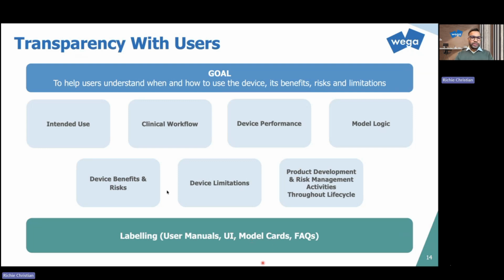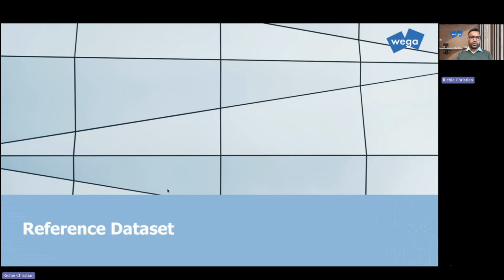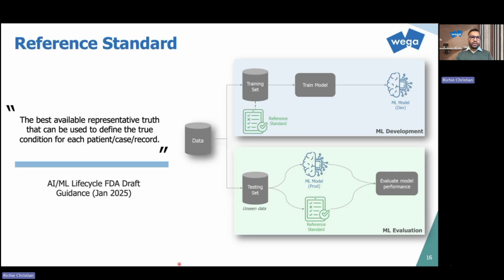Then we move on to the second part that is super important in this whole AI/ML submission, which is the reference data set. The way the FDA defines reference data set is the best available representative truth that can be used to define the true condition for each patient case or record. Basically, this is what the output of your ML model will be assessed against.